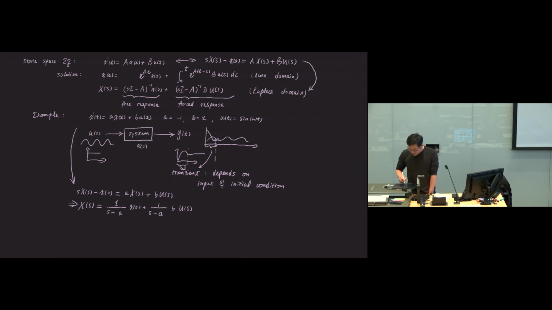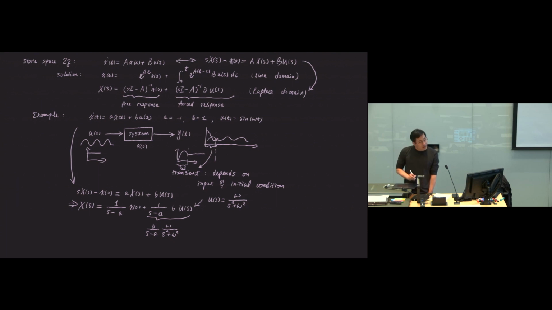Over here, when input U is a sinusoidal, U(S) becomes what? Omega over S squared plus omega squared. So therefore, this term equals B omega over (S minus A)(S squared plus omega squared).